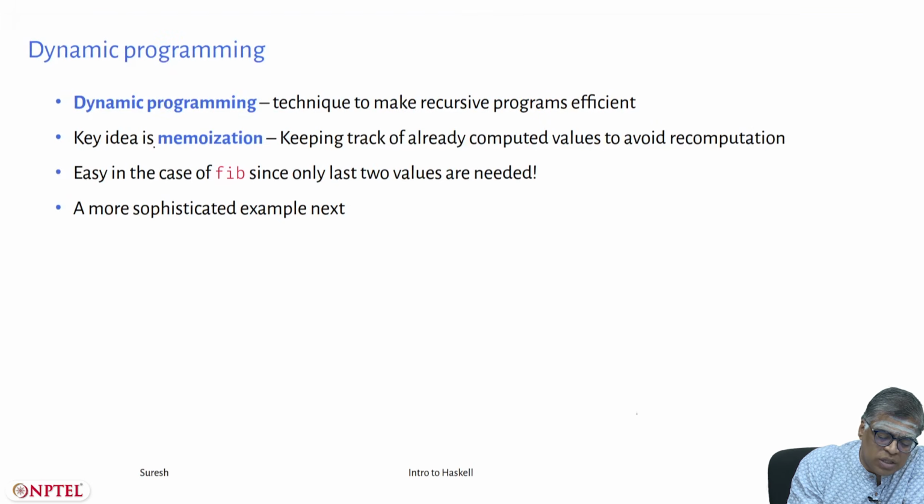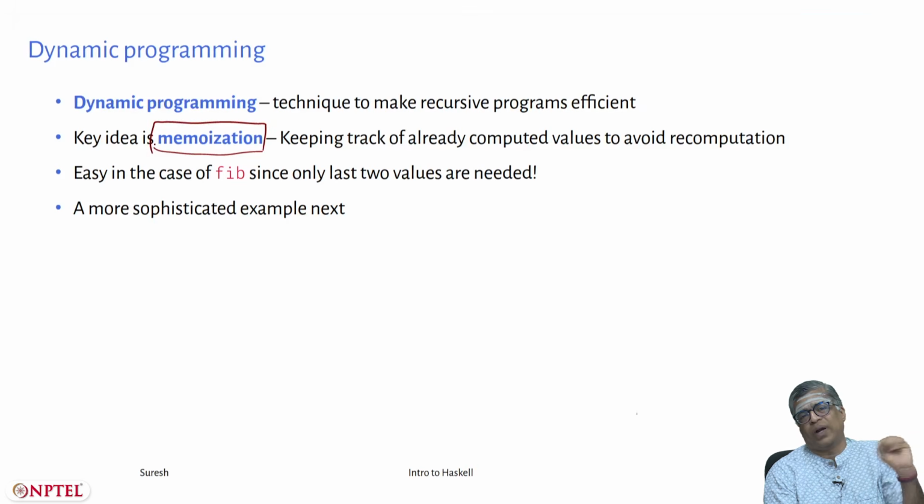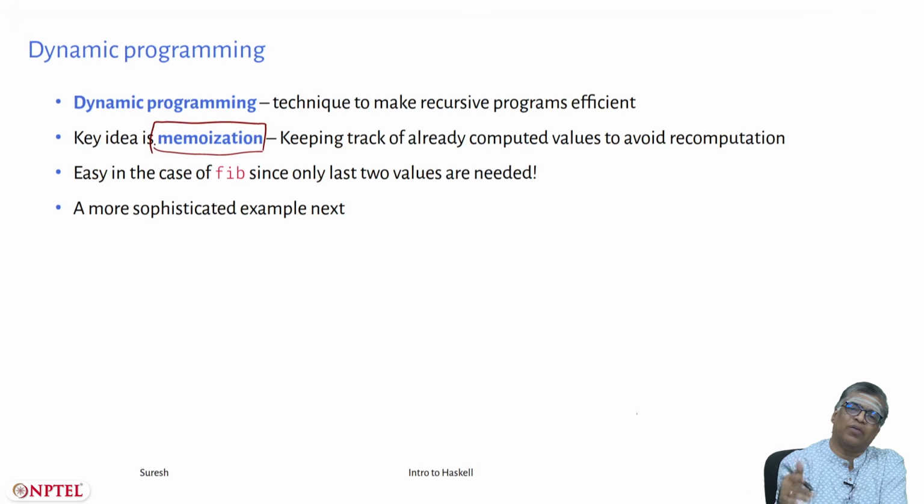The key idea is this thing called memoization. Basically, it is to write a memo. So whenever you compute something, you keep a record of it, so that if the same thing is asked to be computed again, you do not recompute it.